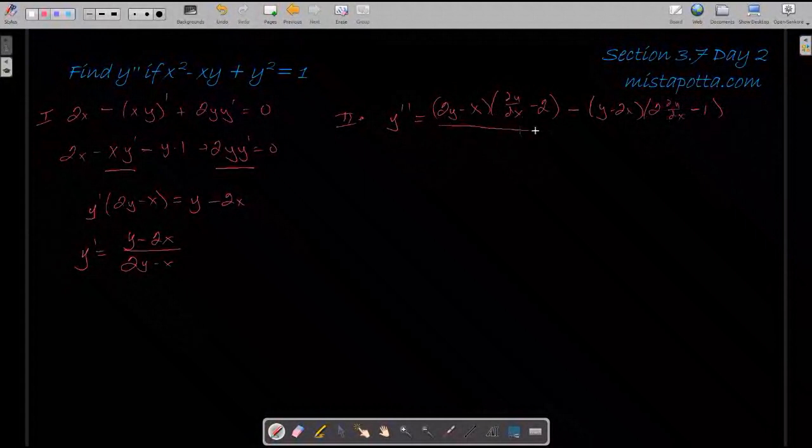And this is all over my denominator squared, 2y minus x squared.